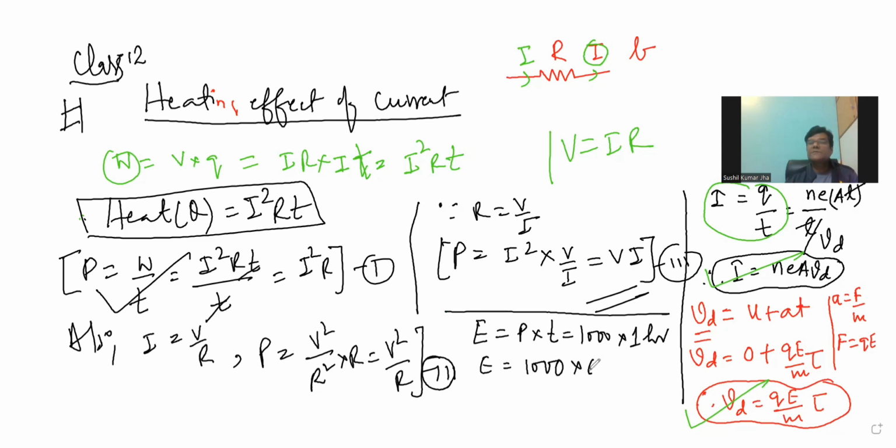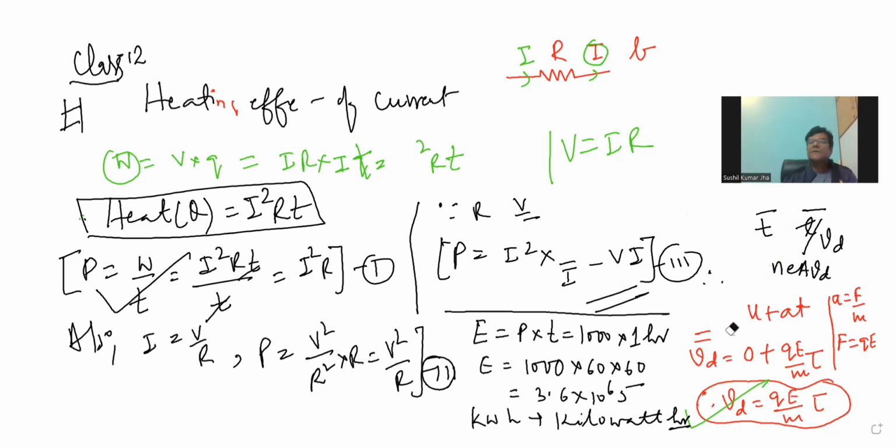So 1000 into 3600, which becomes 3.6 into 10 raised to the power 6 joules. This is also known as kWh, kilowatt hour, right? So 1 kilowatt hour is equal to 3.6 into 10 raised to the power 6 joules.